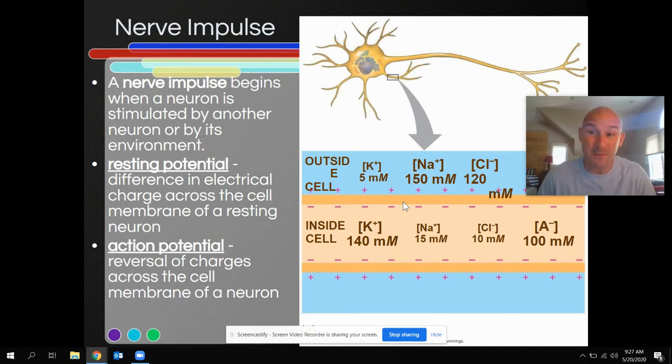And so you're becoming charged in a sense. If you go to touch the doorknob, all those extra electrons want to get back to equilibrium. So what happens when you touch the doorknob is that you have a little shock, and that's the electrons jumping back, trying to get back to equilibrium. So essentially what we're doing here is creating this electrical charge across the membrane, creating this potential difference. Okay.